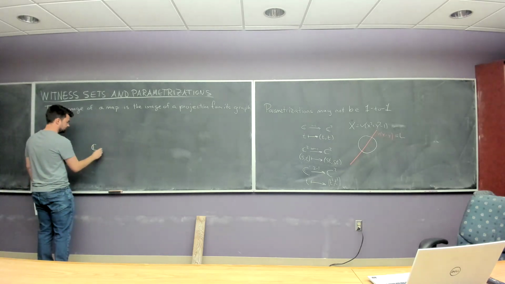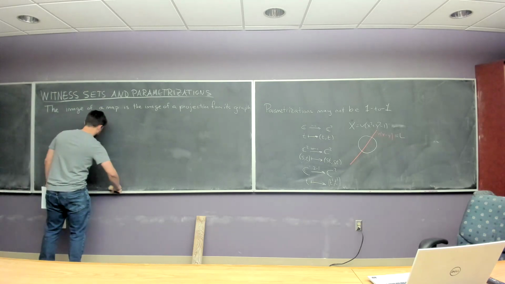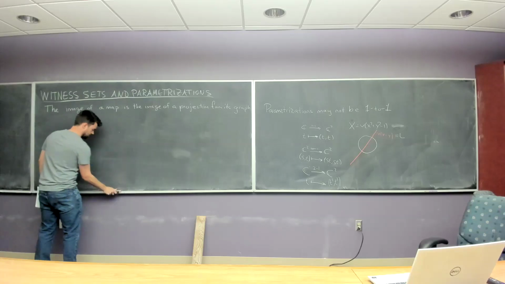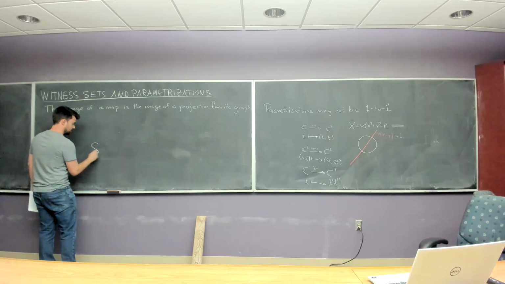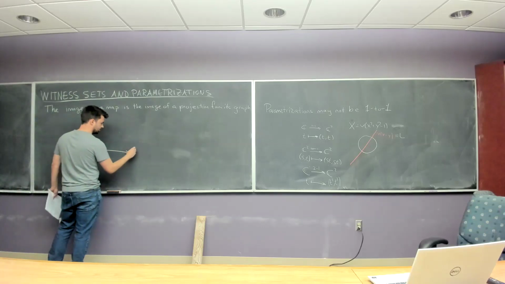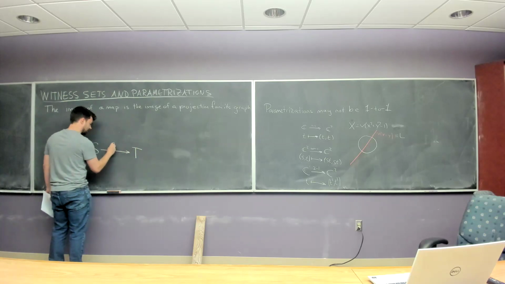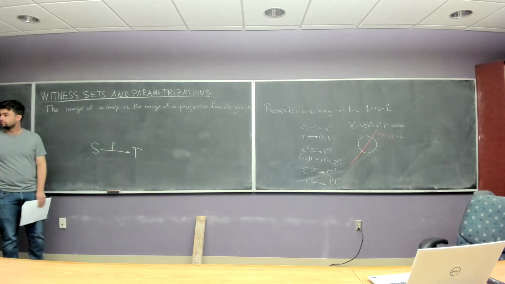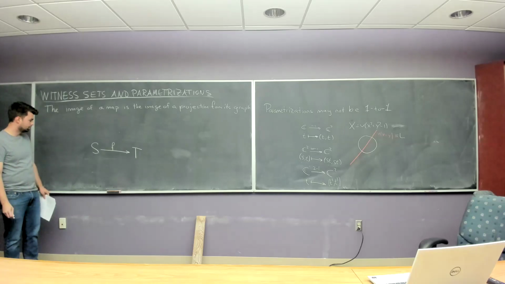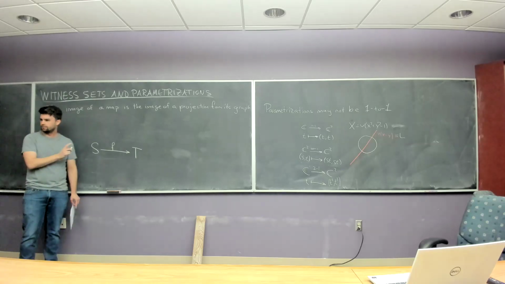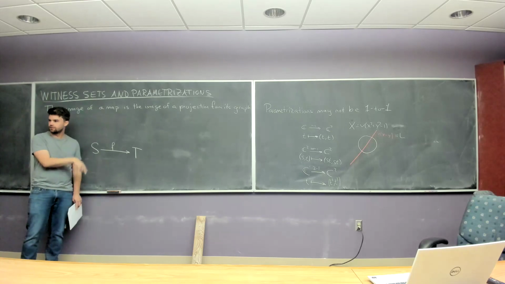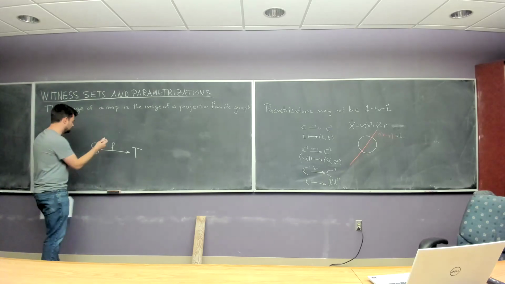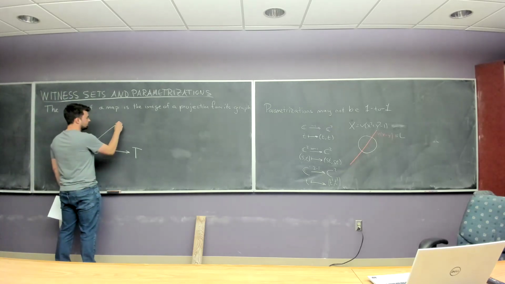So I won't even do it as sets. I have a map F from a set S to a set T. Think of S as some C to the M, T as some C to the N. Well, I can look at its graph.